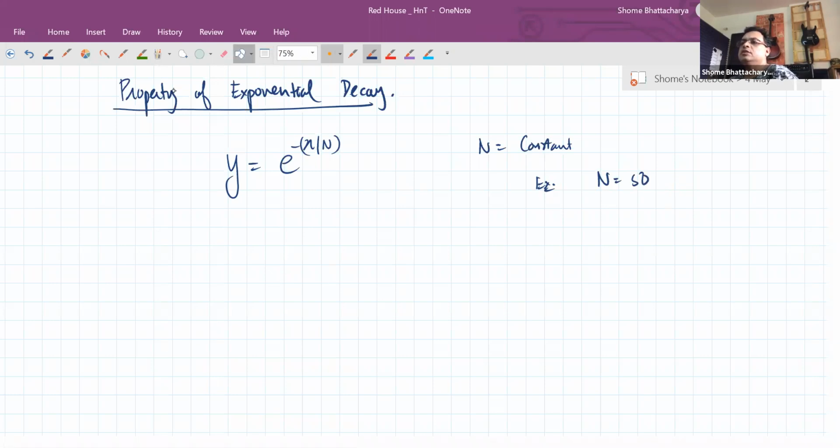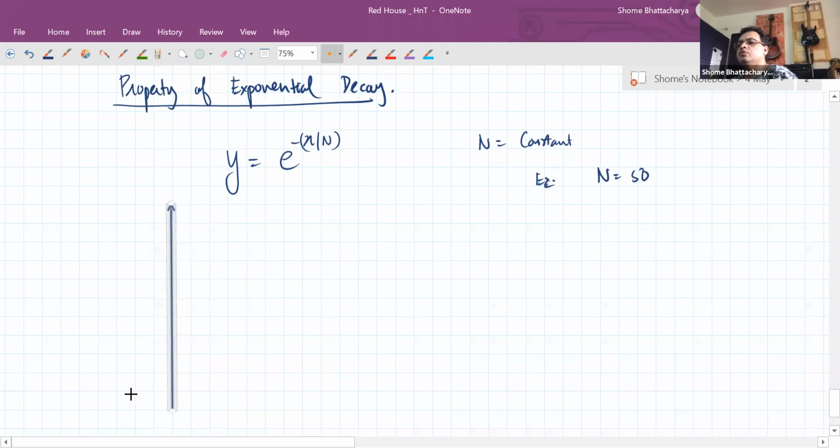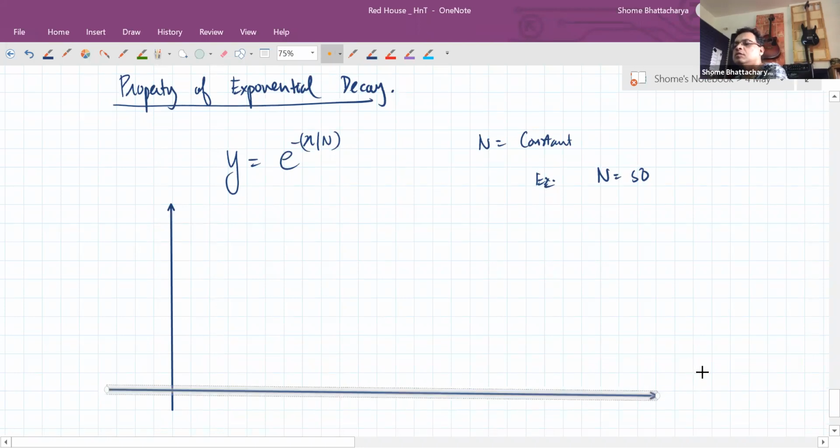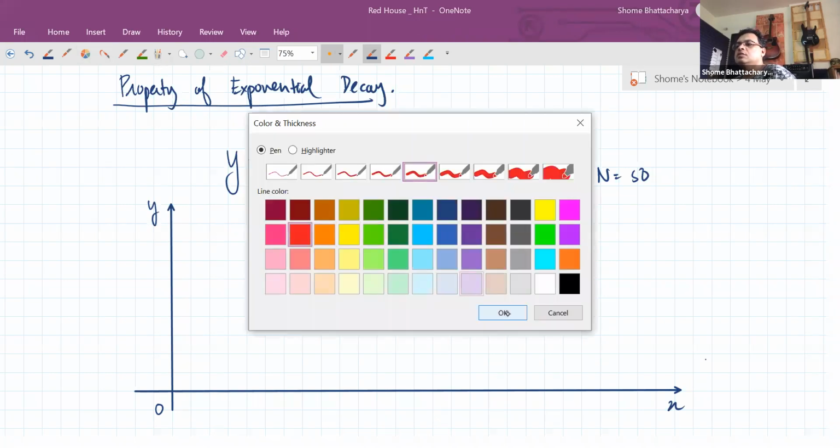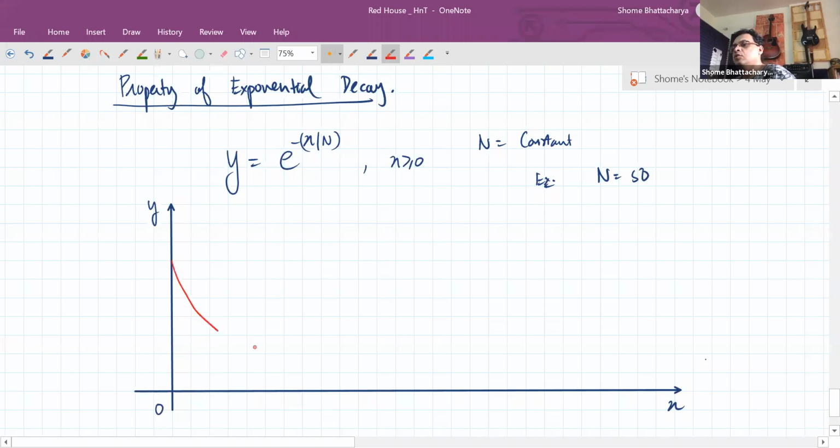Then when we look at the exponentially decaying graph, if we just look at the non-negative domain of x, x greater than or equal to 0, then as you know, the value of y drops like this. And very slowly it approaches 0.